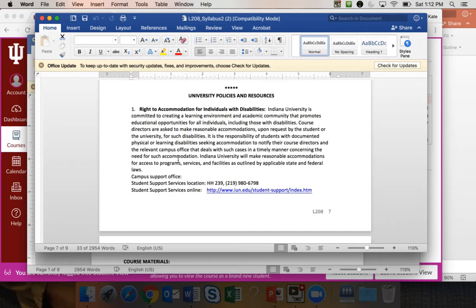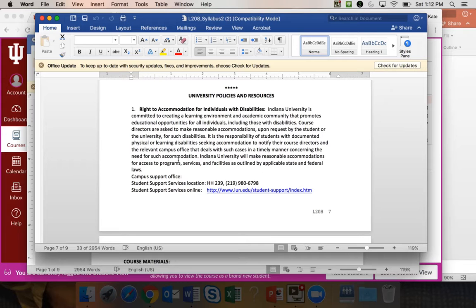In terms of university policies, first is the right for accommodation for students with disabilities. So IU is committed to creating a learning environment, an academic community that promotes educational opportunities for all individuals, including those with disabilities.